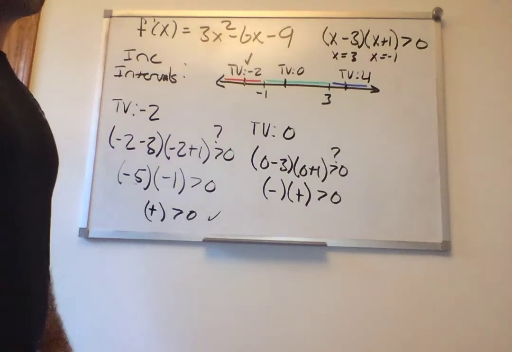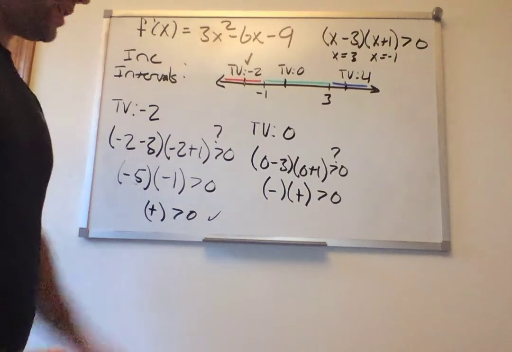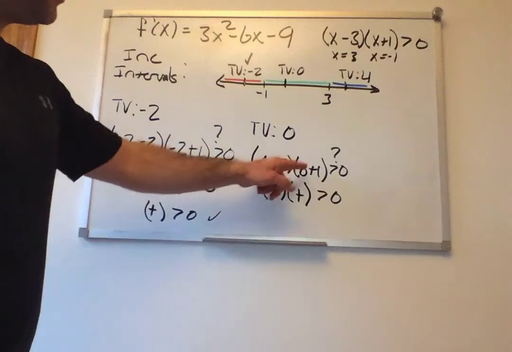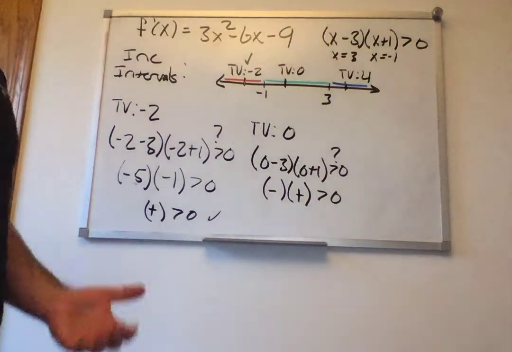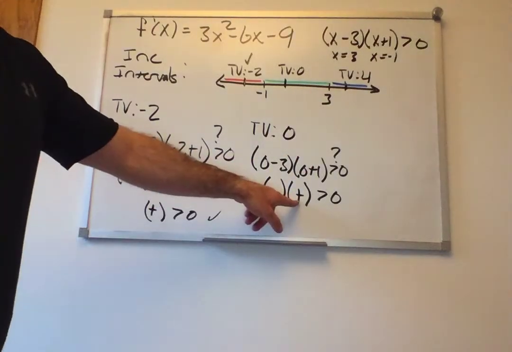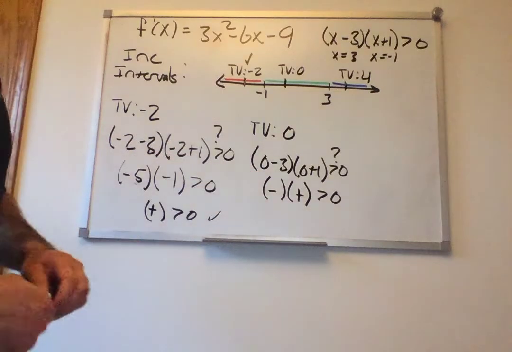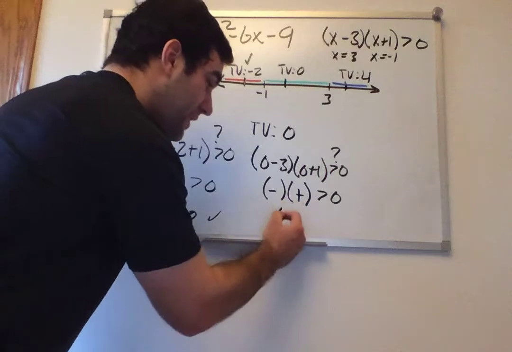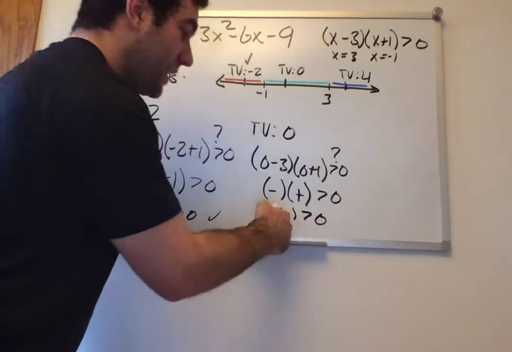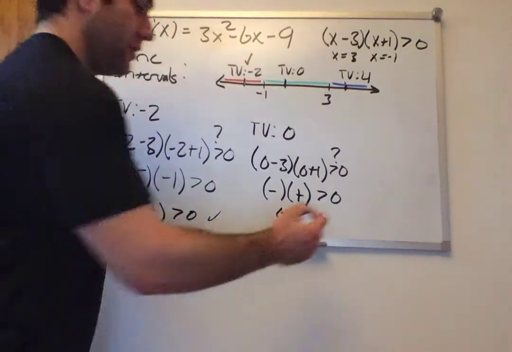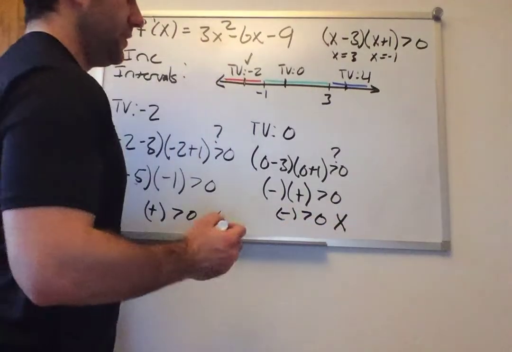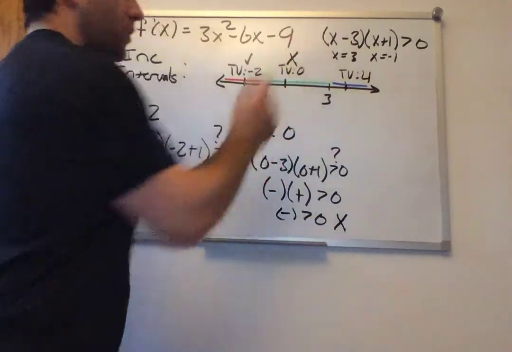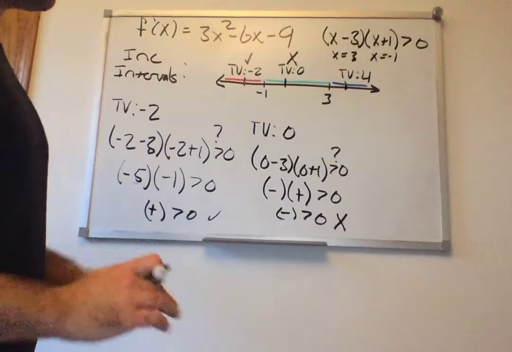That's a negative number. I just care that it's negative. 0 plus 1, that's 1. That's positive. I just care that it's positive. A negative number times a positive number is a negative number. Is a negative number greater than 0? No, it is not. So this interval did not work.